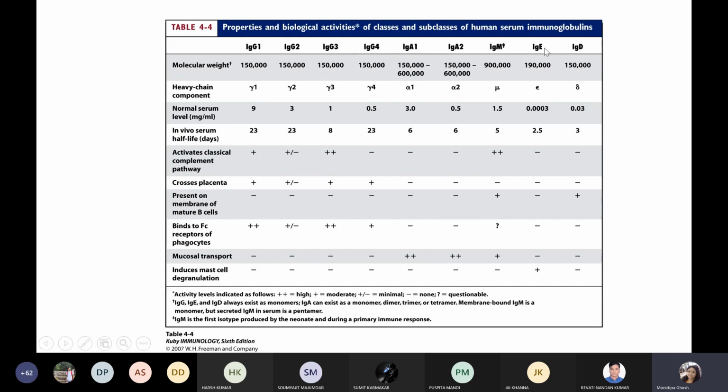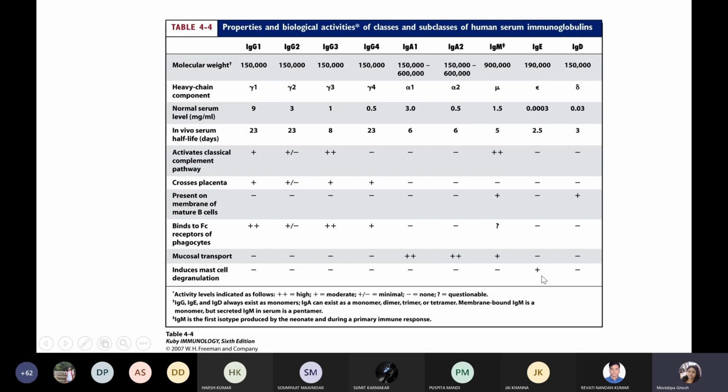Now, what is the function? We are talking about the main function. The main function of immunoglobulin E is that it takes part in the allergic reaction. It activates the classical complement pathway, that is the innate immune response giving protein complexes, and it helps give the allergic reaction, induces mast cell degranulation and the release of histamines.